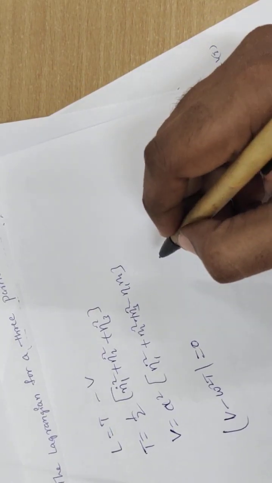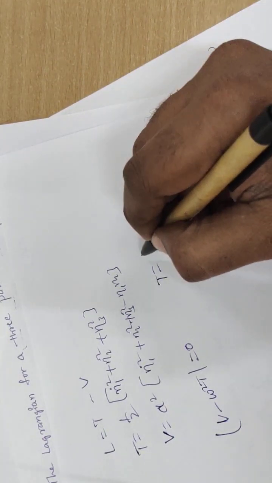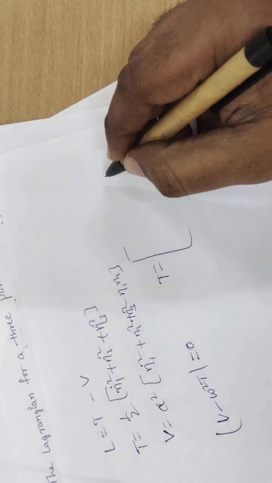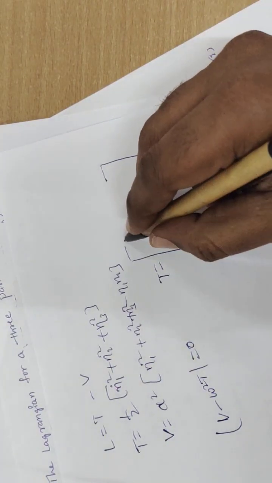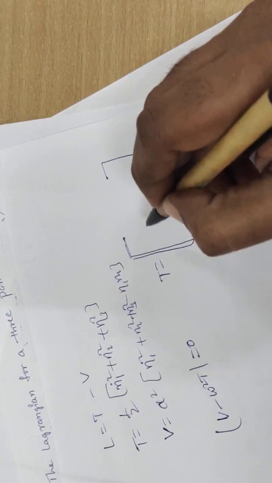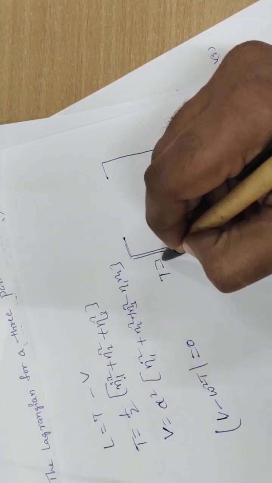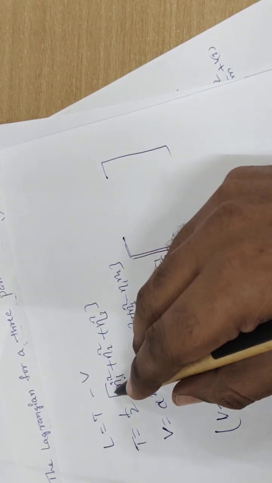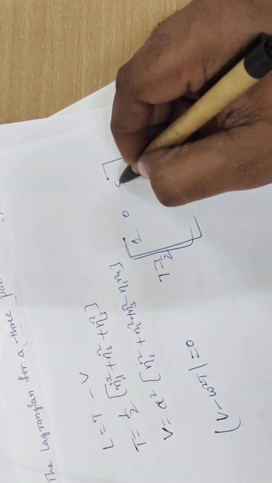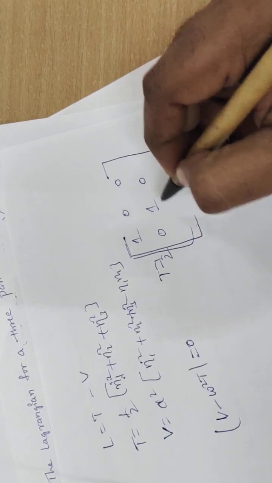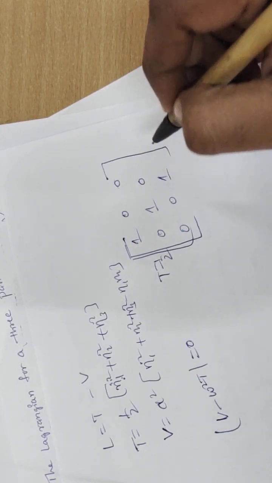So what is the T matrix? T matrix is nothing but the coefficients of eta 1 dot square and so on. So that is 1 by 2 into the matrix 1 0 0, 0 1 0, 0 0 1.